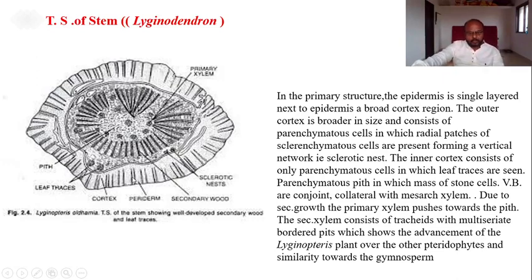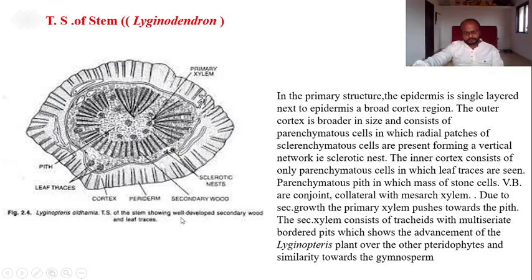and here is the xylem cylinder. At the center there is the pith, which is small and becomes smaller due to the growth of the secondary xylem. Here there is secondary phloem, and this is the cortex region, which is crushed due to the secondary growth.